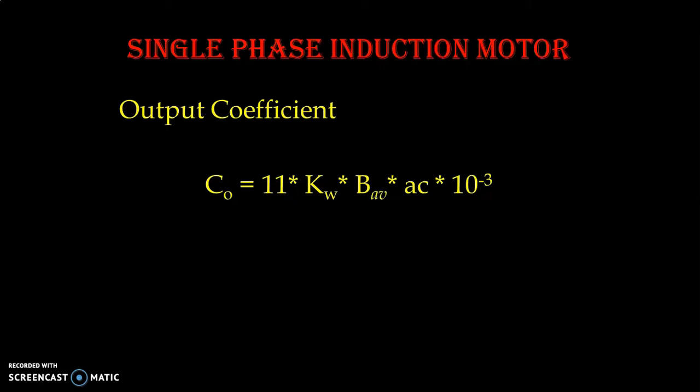If we go for similar specific loadings for single phase as well as for three phase, then specific magnetic loading and specific electric loading are similar in the output coefficient for single phase and three phase. The only difference is in the winding factor, that is Kw.